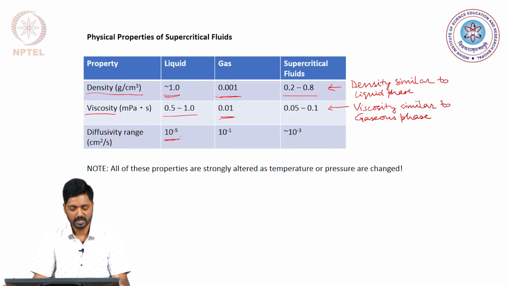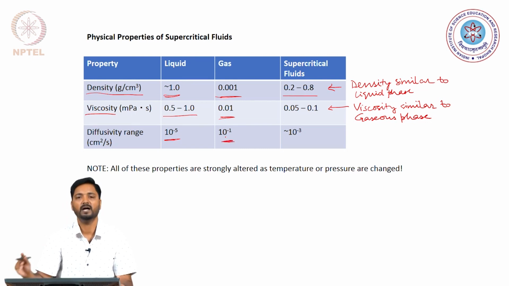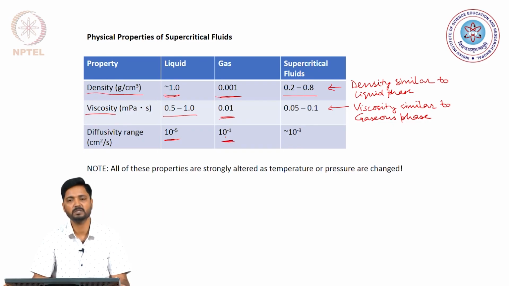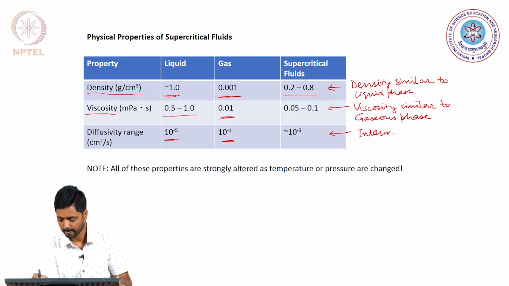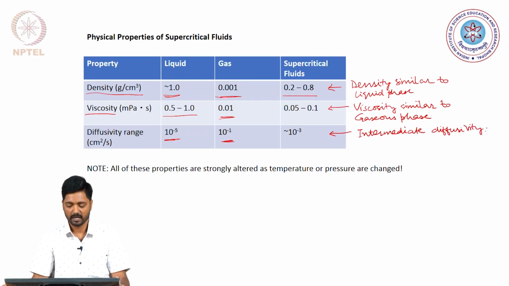In the gaseous phase, the diffusivity is much higher, and again that is because the molecules are almost non-interacting with each other. In supercritical fluids, they have intermediate diffusivity. So, their diffusivities are in between that of the liquid and the gaseous phase.